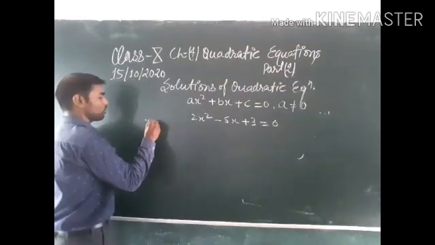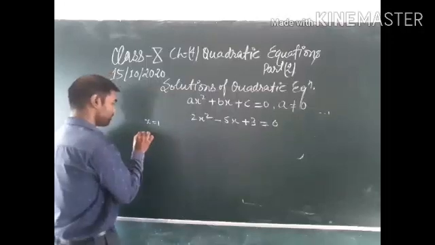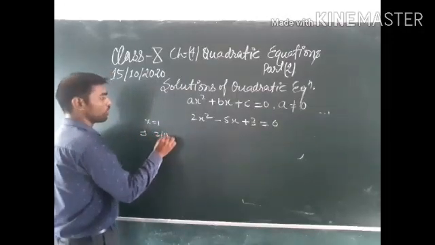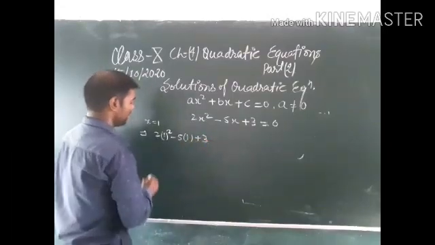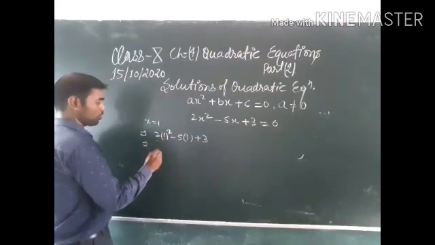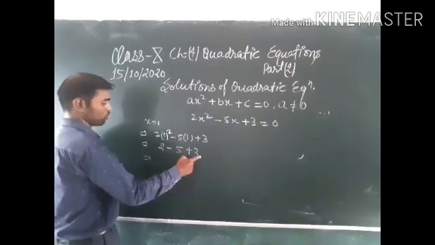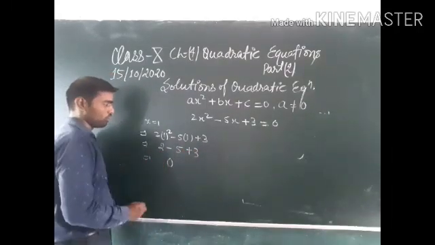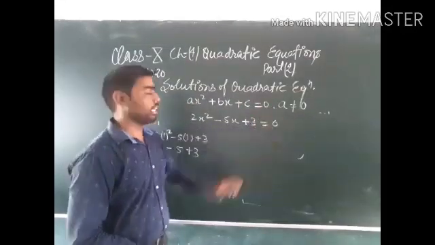First, take x is equal to 1. We get 2 into 1 square minus 5 into 1 plus 3, that is 2 minus 5 plus 3. 3 plus 2 is 5, 5 minus 5 is 0. So x is equal to 1 satisfies this quadratic equation.